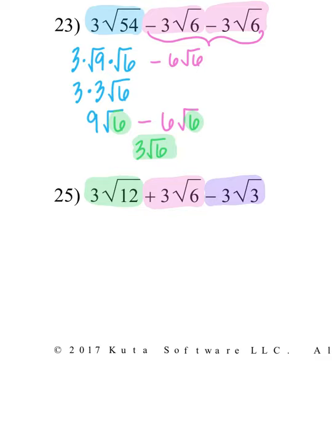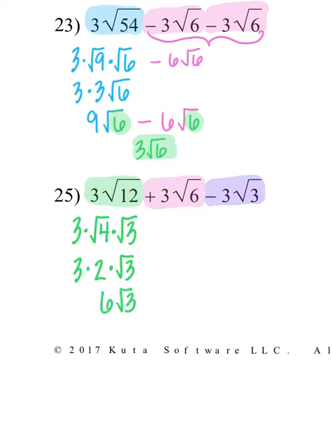But radical 12 can be broken down into radical 4 times radical 3. So now I brought my 3 down, so I have 3 times 2 radical 3. And 3 times 2 is 6 radical 3.